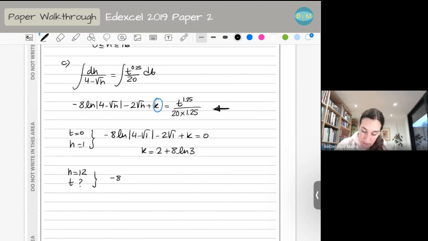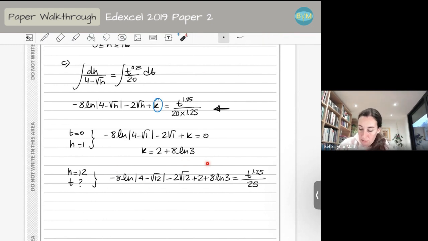So I have minus 8 ln(4 minus root 12) minus 2 root 12 plus k, which is this number here, is t to the power of 1.25 divided by 20 times 1.25, which is 25. So I do this with the calculator, multiply by 25, and then I just do the root 1 over 1.25. Let's see if I get the right answer.